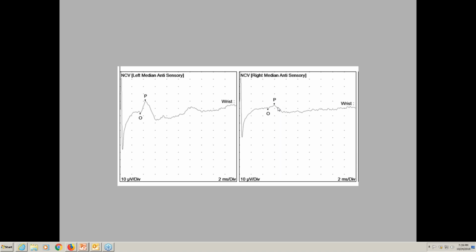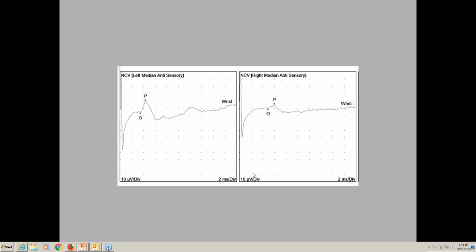So the one on the right, can you see my cursor on my screen? Yes. Okay. So the amplitude of this response looks like it's about 5 microvolts. It's about half of a graticule, and the graticule is 10 microvolts per division. So this is right at 5 microvolts. And as you counted over, you counted 2, 4, 6.